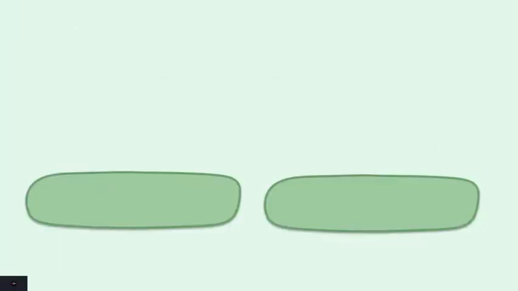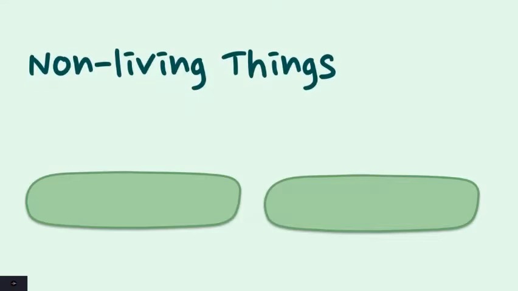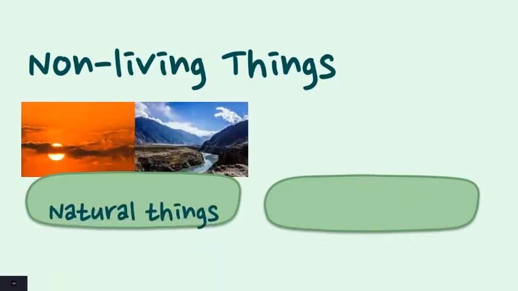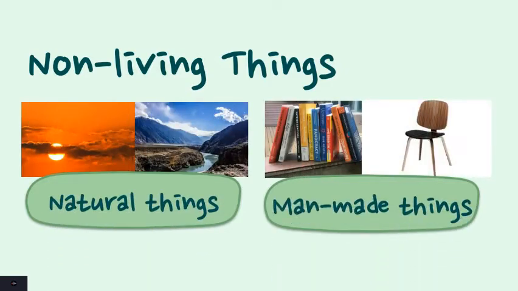Non-living things. Non-living things are things that don't have life, like natural things and man-made things. For example, the sun. The sun doesn't have life. A mountain doesn't have life. They are called non-living things.